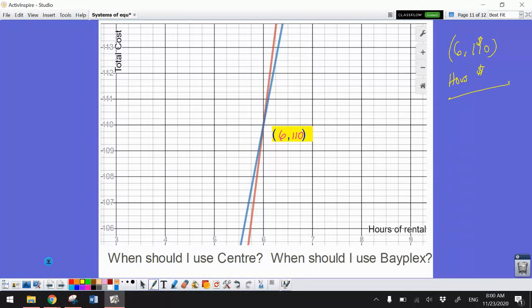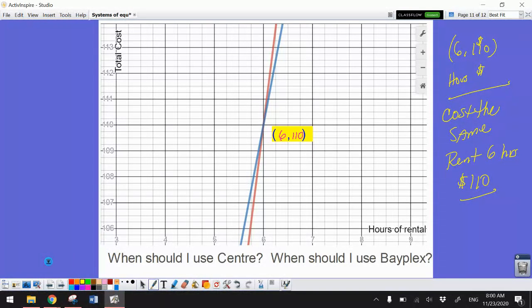Since it's the point of equilibrium, both companies cost the same. If I'm going to rent for 6 hours, it's going to cost $110. It doesn't matter who I buy from at that point because it's going to cost $110.